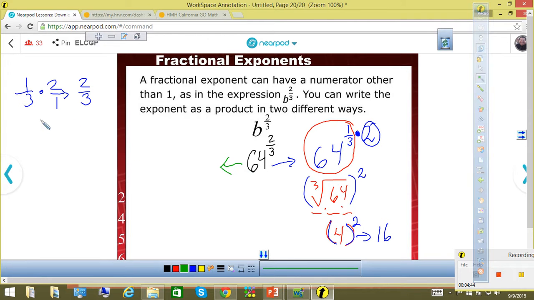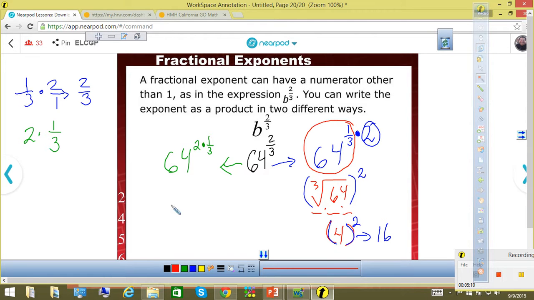According to the commutative property of multiplication, we can write this instead of 1/3 times 2, couldn't it be 2 times 1/3? And it gives us the same 2/3. So watch. This could be rewritten as 64 to the second times 1/3. Do you agree with that? Yeah, because this is the same as that.